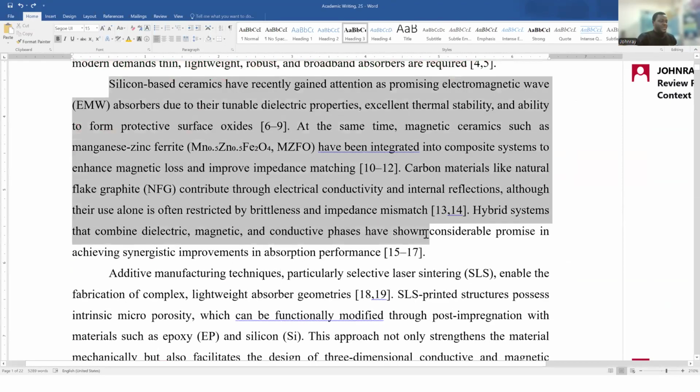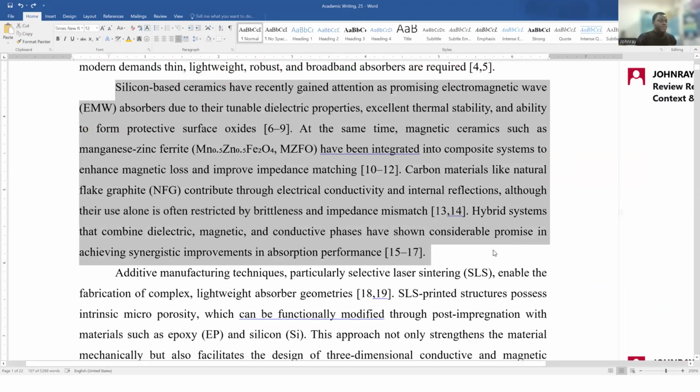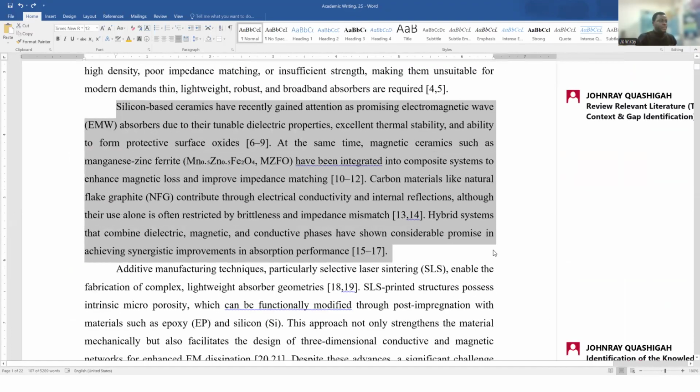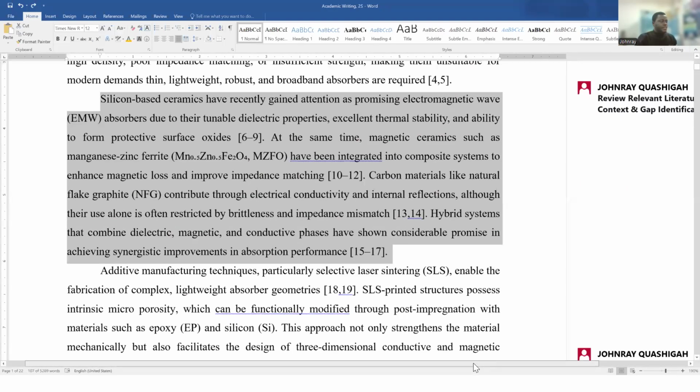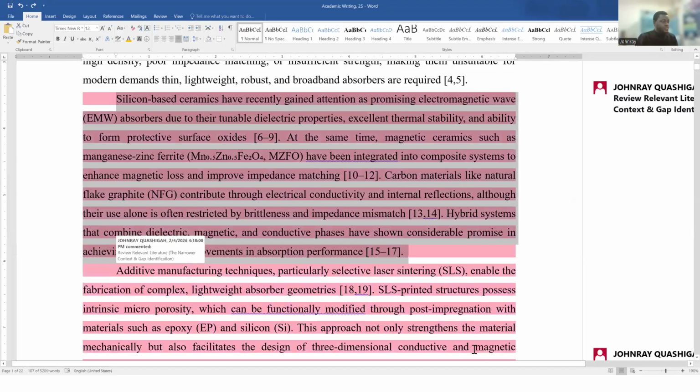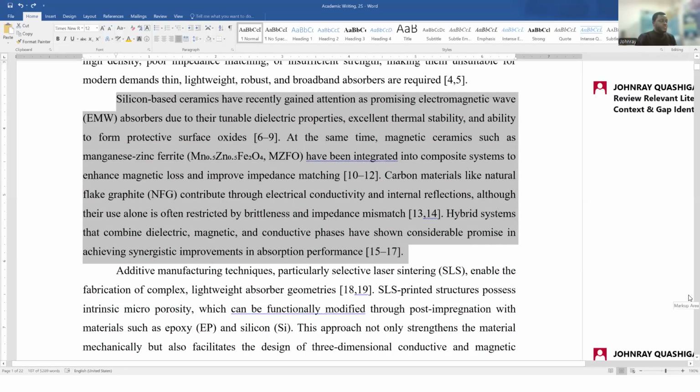Silicon-based ceramic has recently gained attention as promising electromagnetic wave absorbers due to their tunable dielectric properties, excellent thermal stability, and ability to form protective surface oxide 6 to 9. At the same time, magnetic ceramics such as magnetic zinc ferrite have been integrated into composite systems to enhance magnetic loss and improve impedance matching.